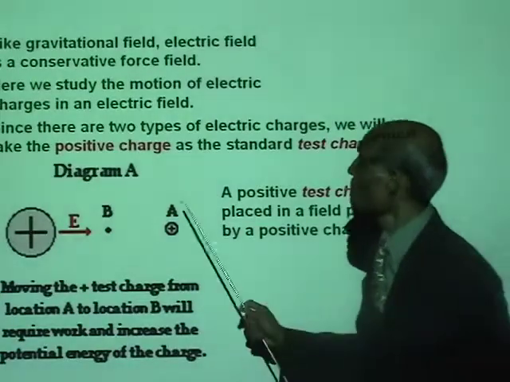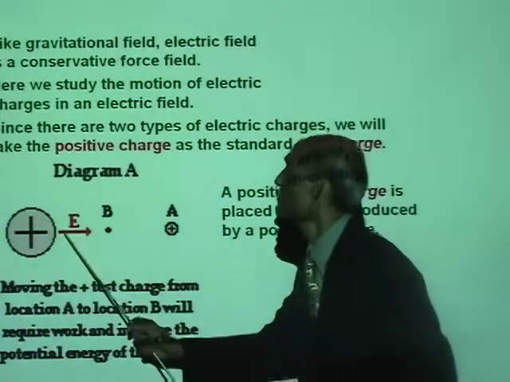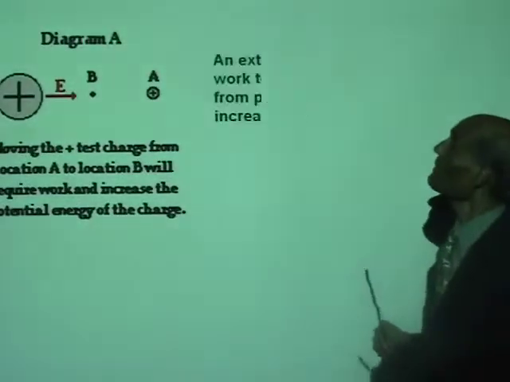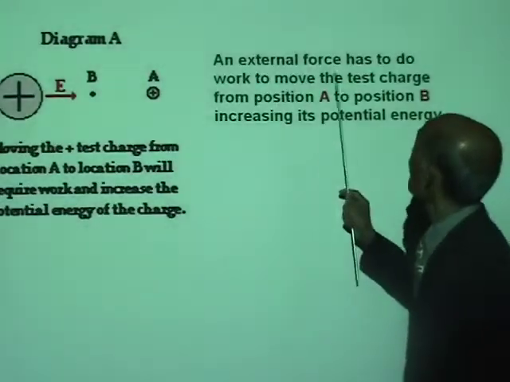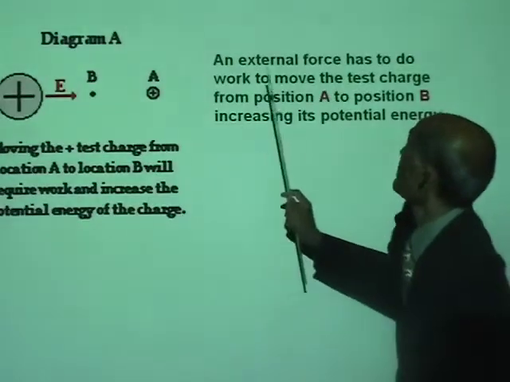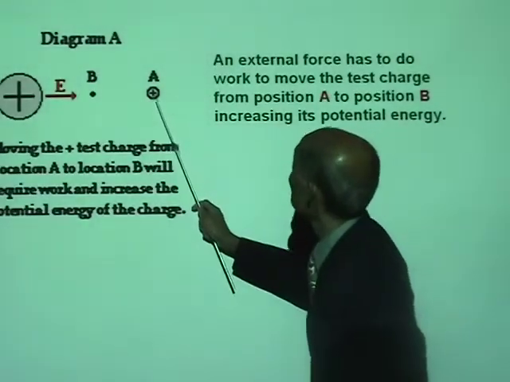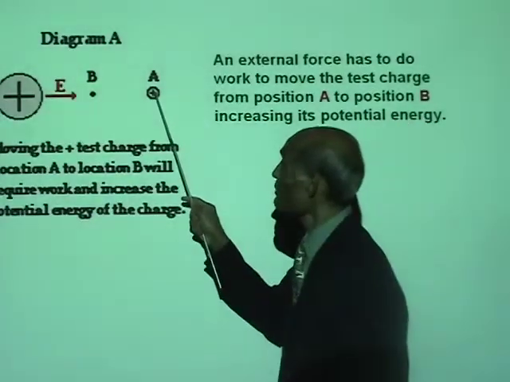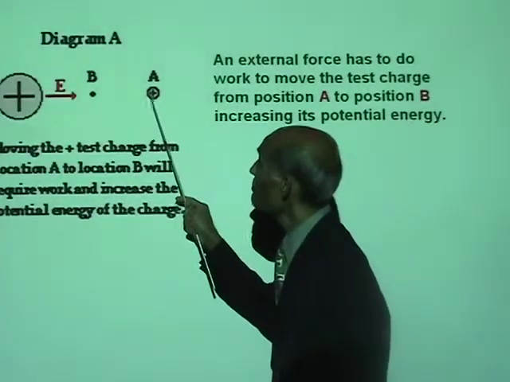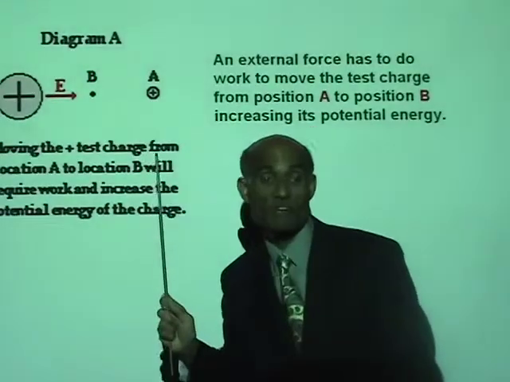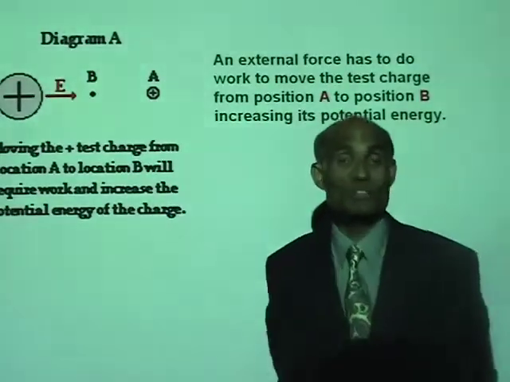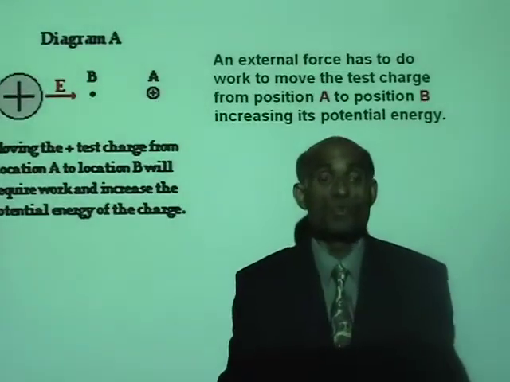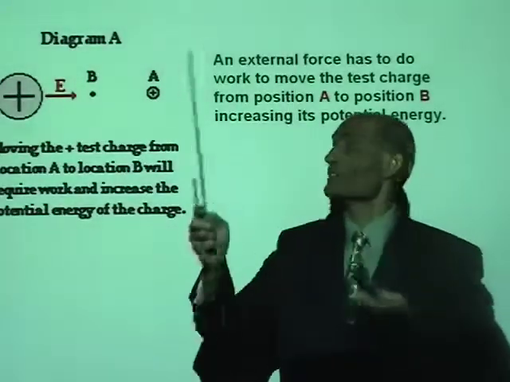So that means we have this test charge placed in the field that goes from left to right. An external force has to do work to move this test charge from A to B. Is that right? If a positive test charge is to be moved against the electric field, an external force needs to do work, just like an external force needs to do work in raising an object.